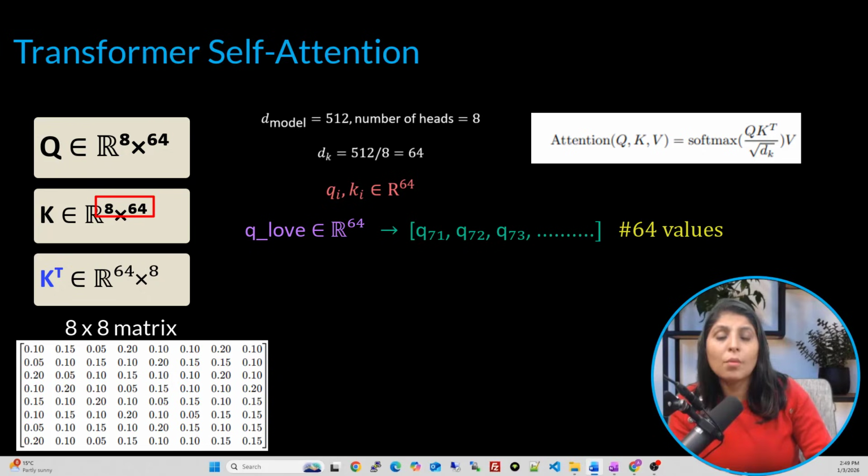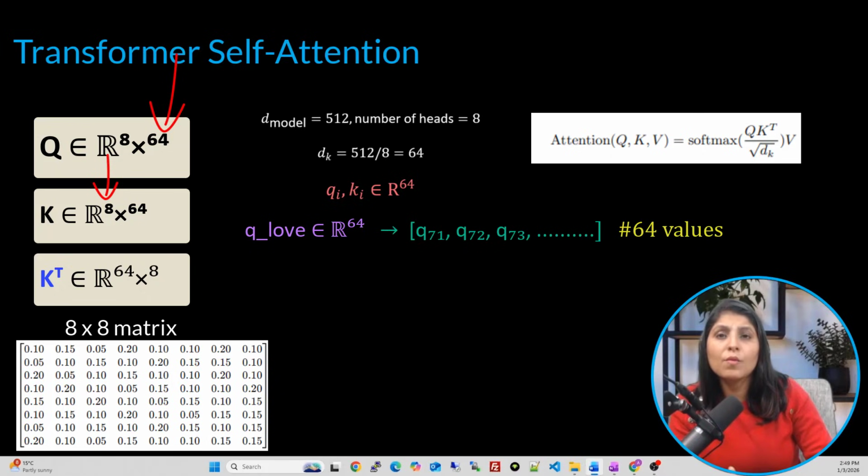If you want to perform matrix multiplication, you need to follow the matrix multiplication rule, which is A into B is only valid if the columns of A are equal to the rows of B. But in our case, the Q columns are 64 and the rows in keys are 8. So you cannot multiply, right? Multiplication is not possible. So we need to make some change.